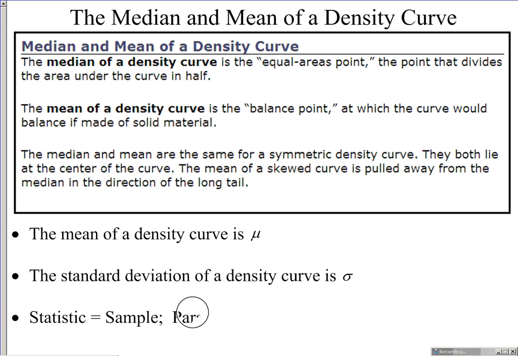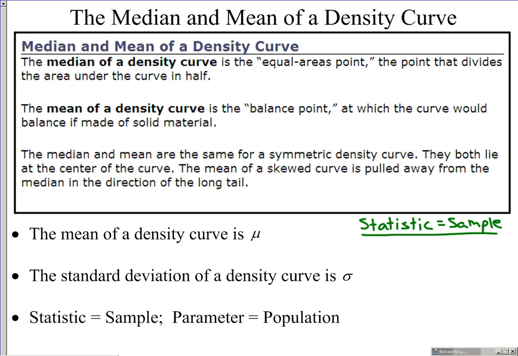Statistic correlates to sample. Parameter correlates to population. So in this case, we are talking about population parameters, mu and sigma. The sample statistics would be x bar and S. So again, for a statistic or sample, the mean is x bar.